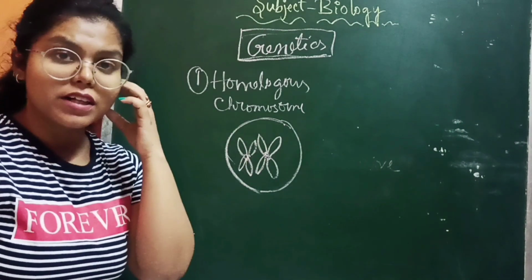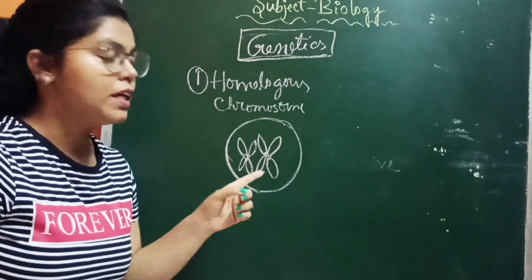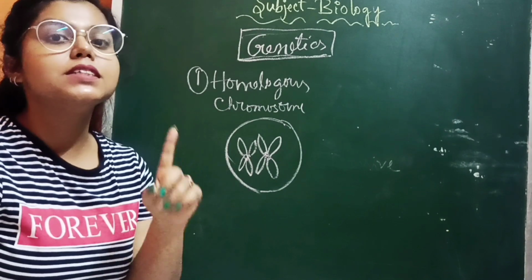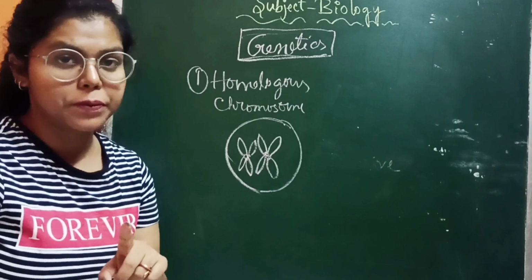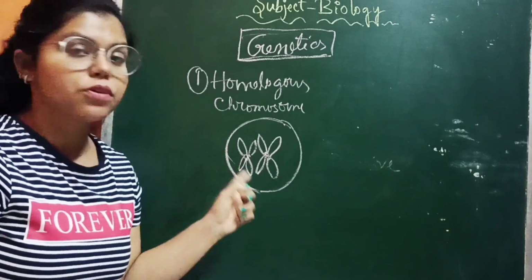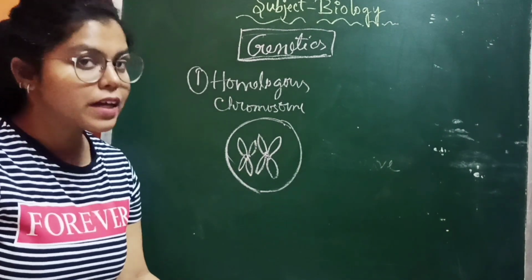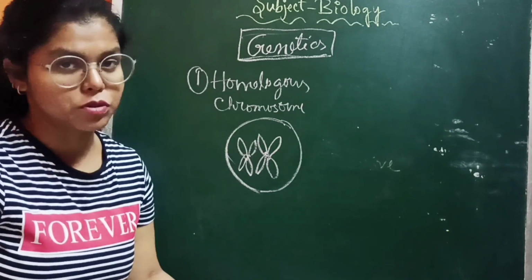In the diploid organism there is one pair of chromosomes having the same length, and the centromere position is also similar. The third characteristic is the gene sequence, which is also the same in both chromosomes. Then both are known as homologous chromosomes.